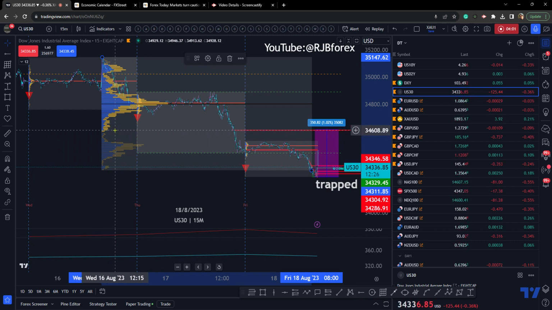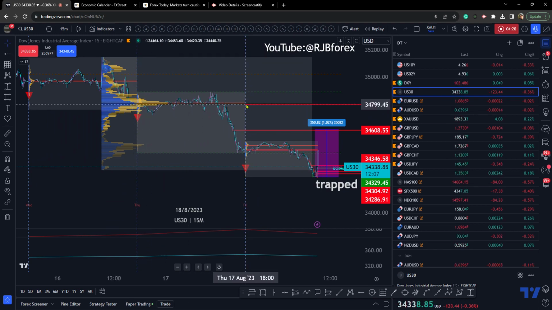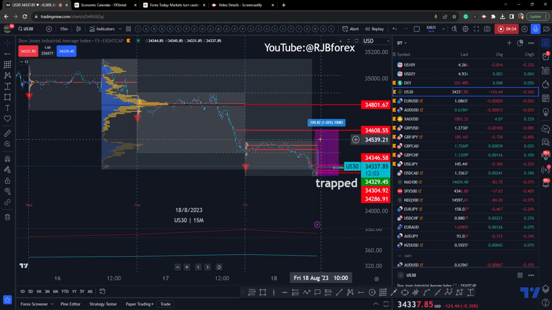So it's not a bad target. We can even leave some on for even higher. We can aim for the point of control over these last few days. Who knows how it will pan out, but we'll see.